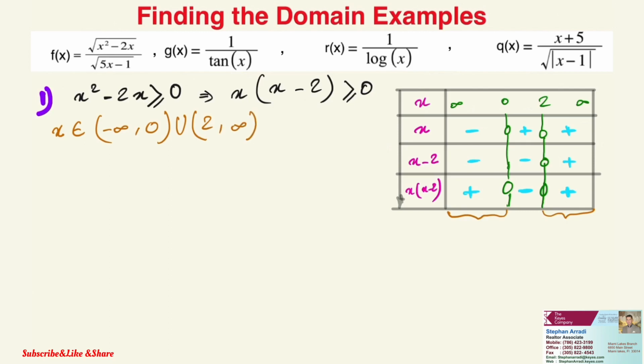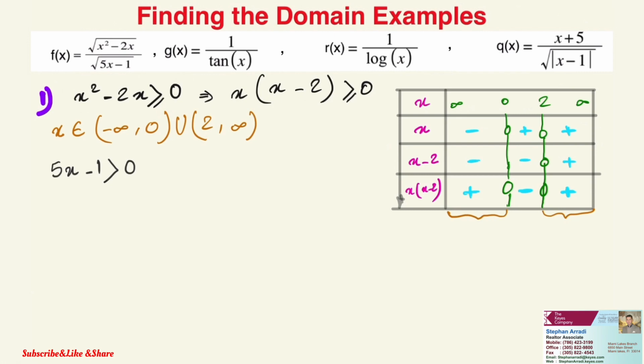Let's see the other part. The second part, we have 5x minus 1 should be bigger than 0, not equal, because for the first one we said greater than or equal to 0, but the second one should be greater than 0, because the bottom, the denominator, should always be bigger than 0.